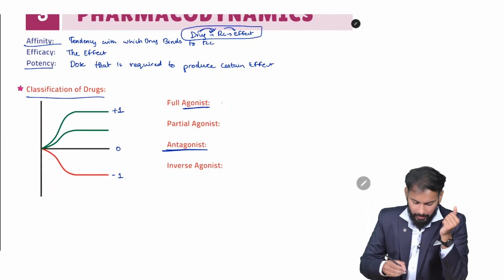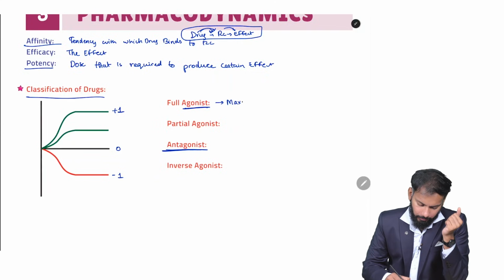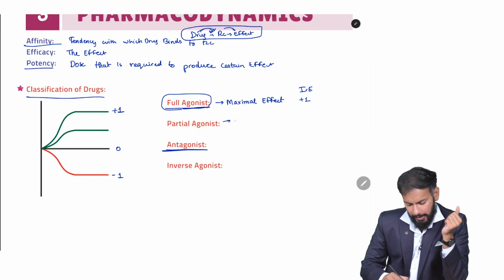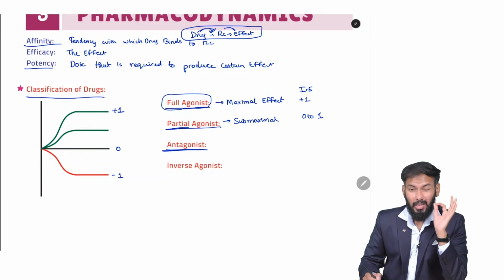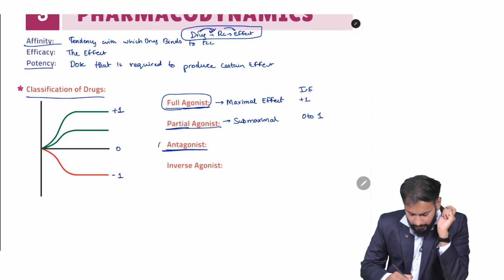So if the drug has maximal effect, that means its intrinsic efficacy is +1, that is known as full agonist. If the drug has submaximal effect, it can be anywhere between 0 to 1. That is what is known as partial agonist. Now concentrate very carefully.